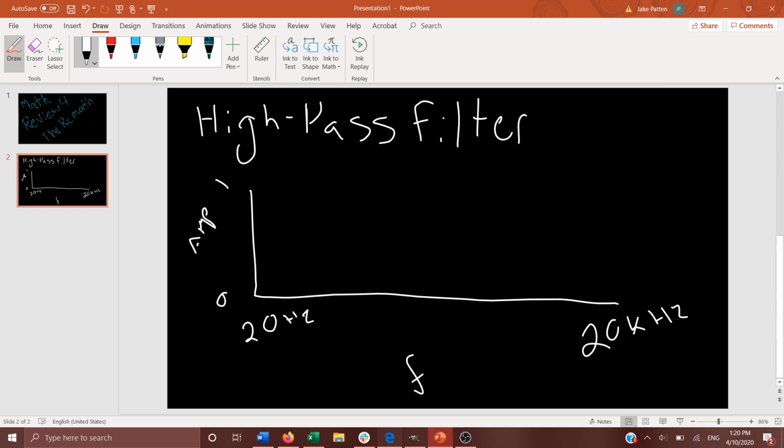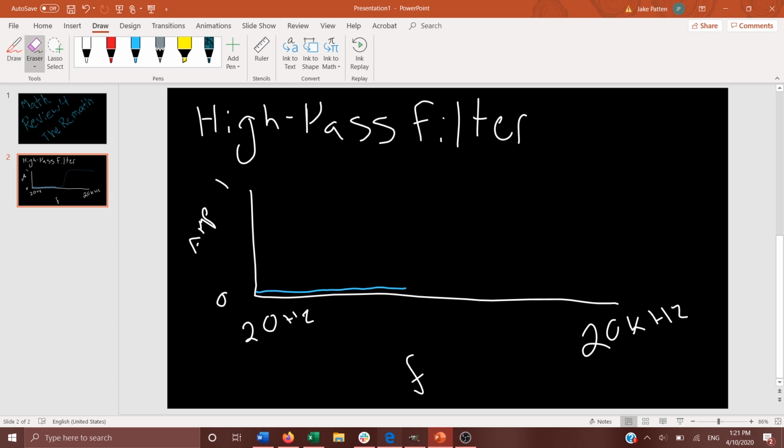Okay, so a high pass filter might look like this, where this is effectively at 0. I'm drawing it slightly above so you can see where it is. And then the high frequency is going to pass. So very literally, it just allows high frequencies to pass, and it attenuates the low frequencies.